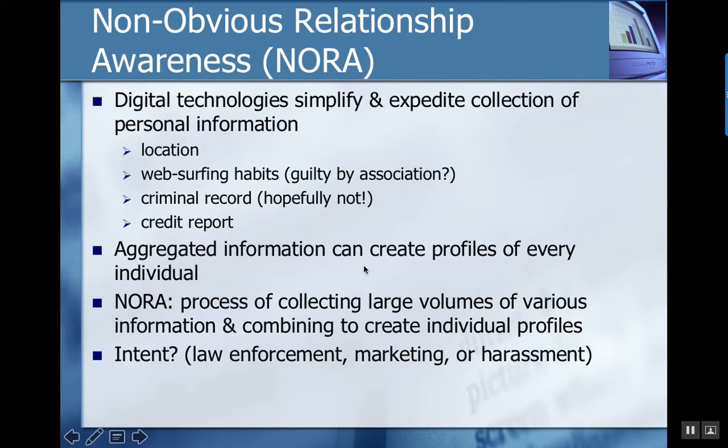And then all of this information can be assembled, pulled together, and used to create a profile of an individual. If you combine information on the web from Google, information from e-business, and information from things like social networks, all of that together combines into what we're calling NORA. You combine large volumes of data and create individual profiles.